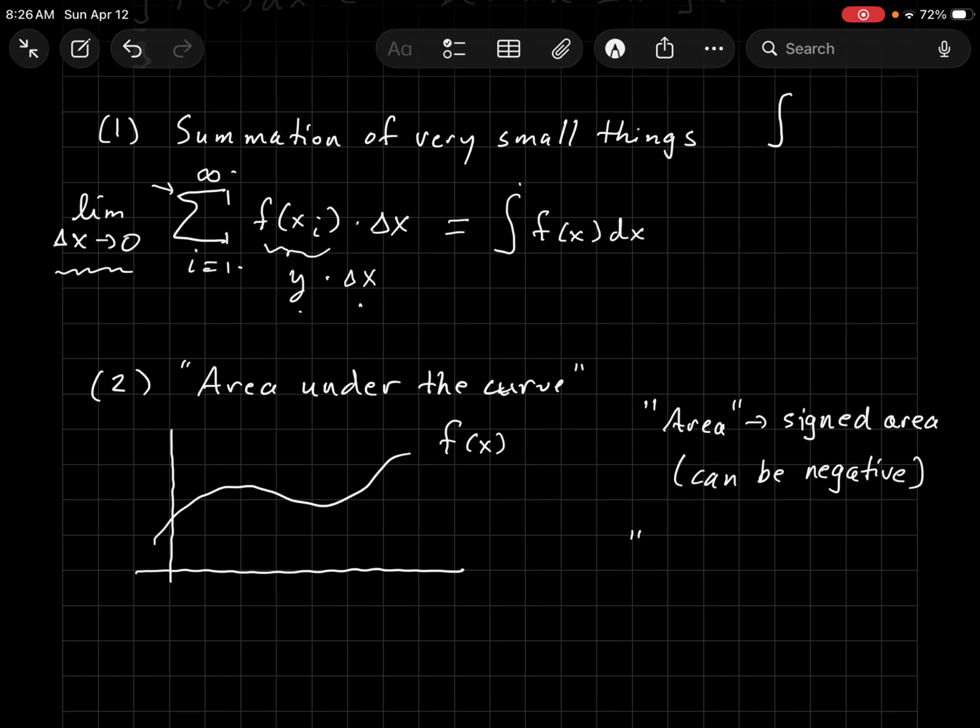And then I say under the curve, that's the way pretty much everybody says it. We don't really mean under the curve because under the curve is forever. What we really mean is between the curve and the x-axis.